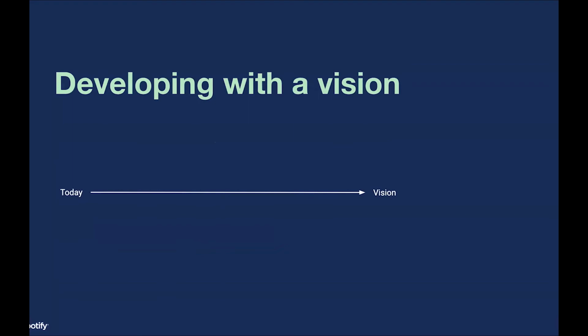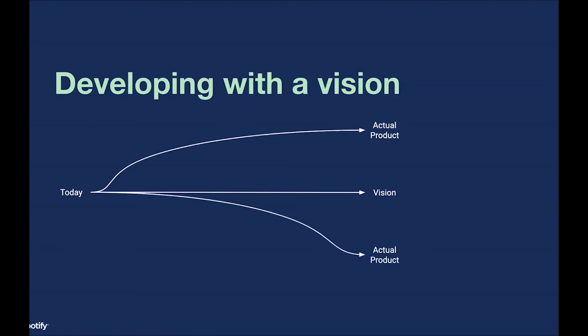You are somewhere today and you envision a future. What will actually happen is that you will most certainly never end up exactly here. You will start iterating on your problems. You will start working, and you will notice that you either pretty quickly derail from your vision and end up somewhere here, or you will stick quite a long time, and then you will derail from your vision, and you will end up somewhere here.